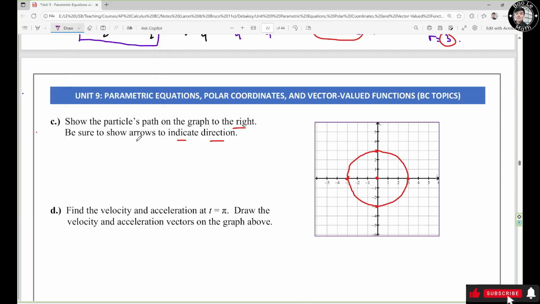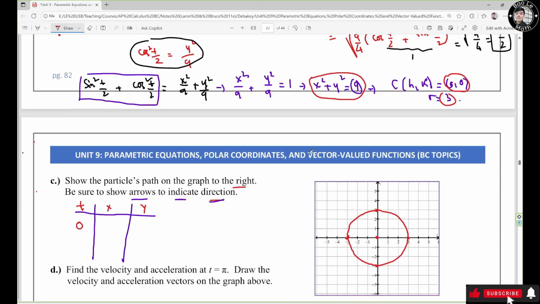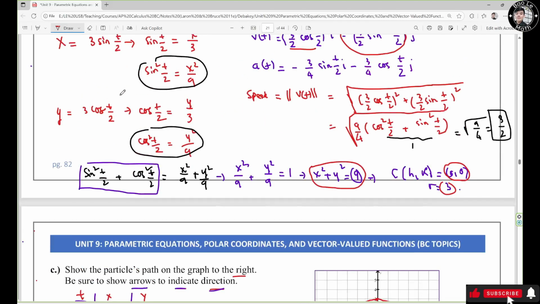Next, we need to show the arrows to indicate direction. So how do we know which way the particle travels, clockwise or counterclockwise? We need to create a table. If t equals 0, you substitute 0 for t into the first one right here.